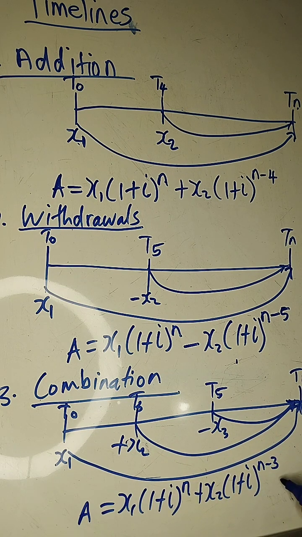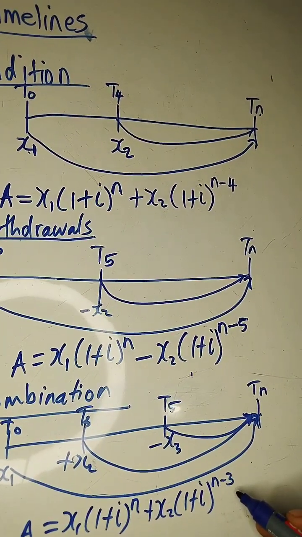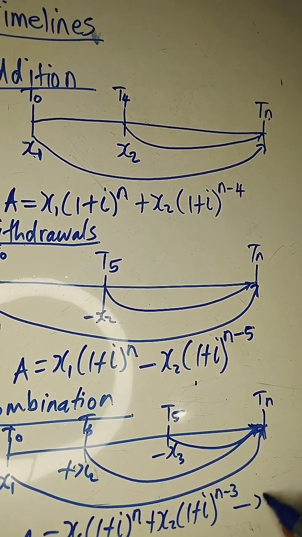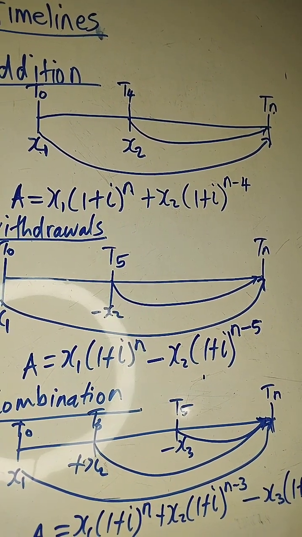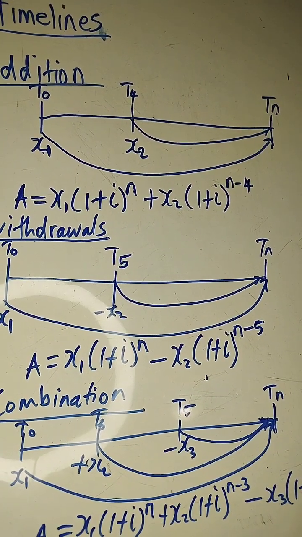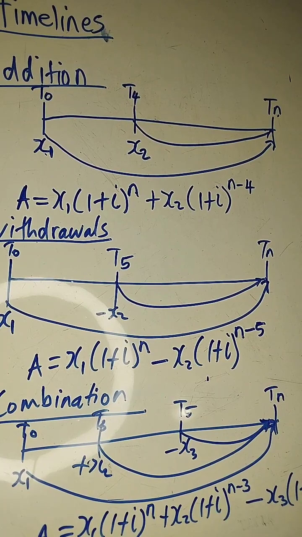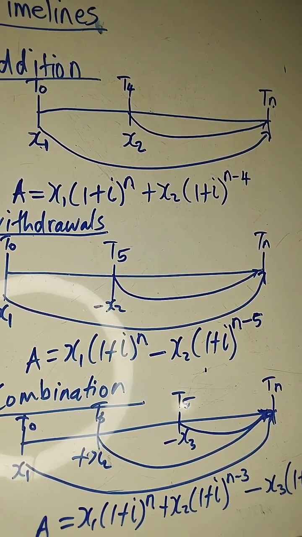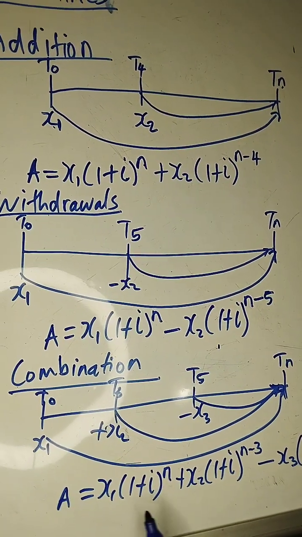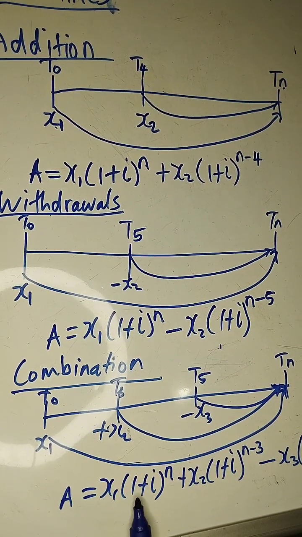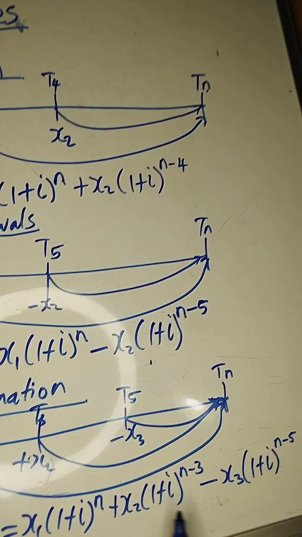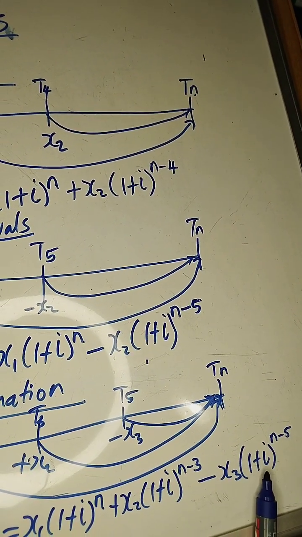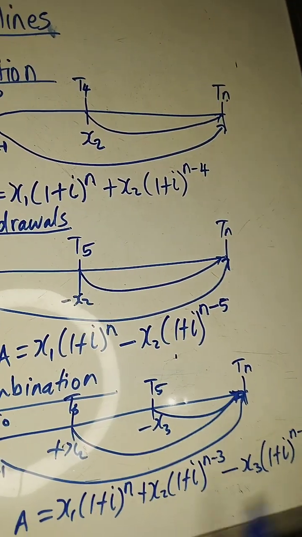Then we say subtracted by X3 into (1 plus i) exponent n minus 5. Can you see it? This was the invested one, this was an additional, and that was a withdrawal. Then you have your answers.